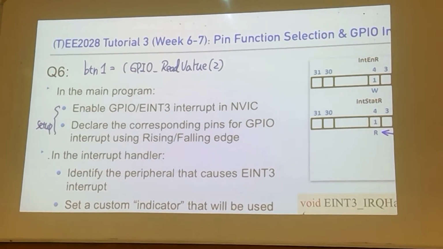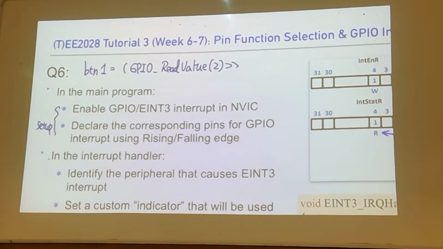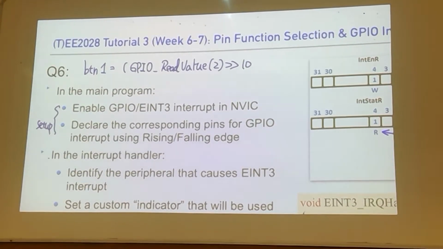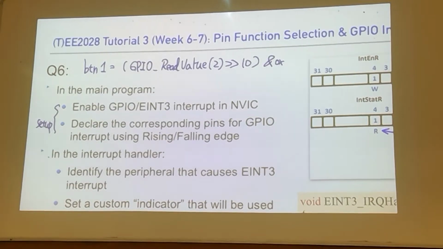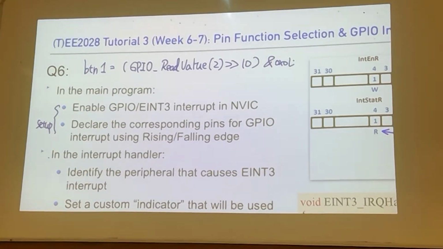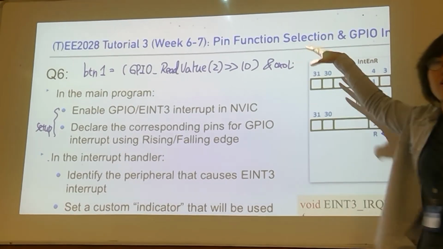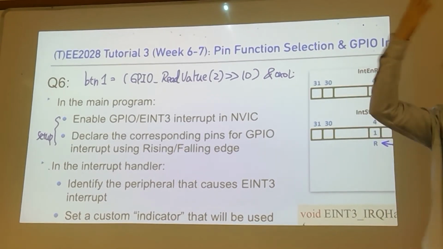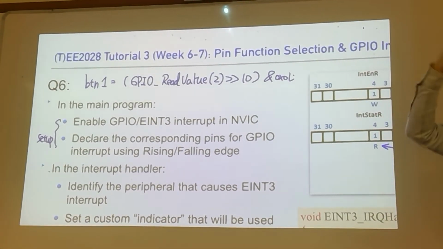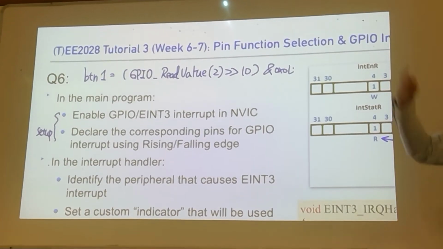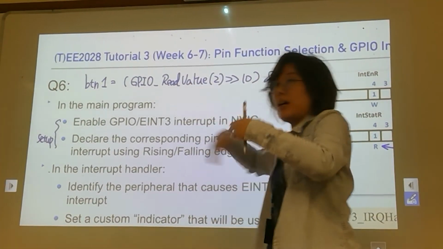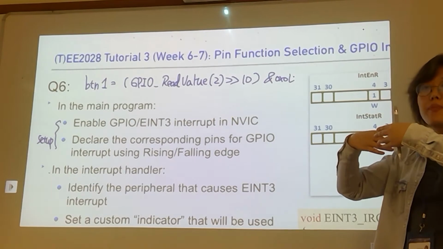We read from port 2, right? And then we shift 10 times and end with another value. We wrote this code by ourselves in our while one. Remember, in our while one infinite loop, we keep sensing this again and again.